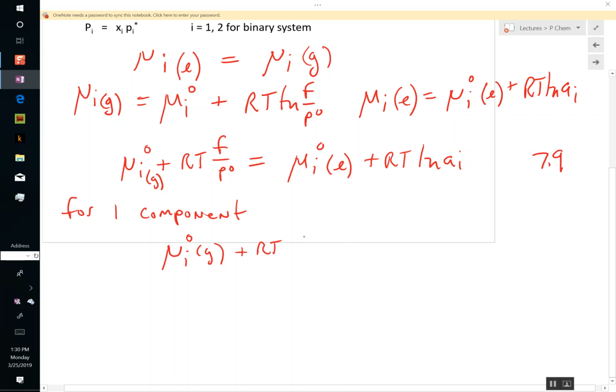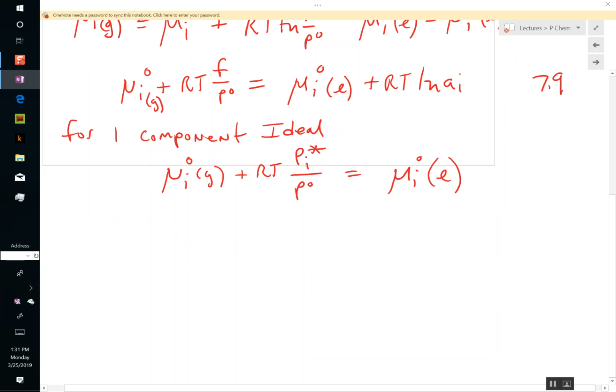If it's one component and basically ideal, then you can get to this point where you can get rid of the fugacity.